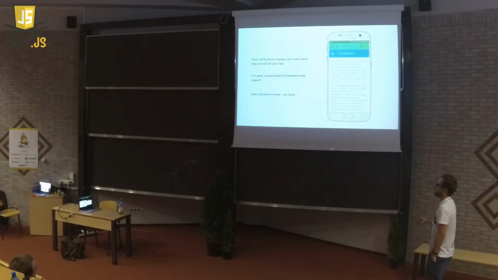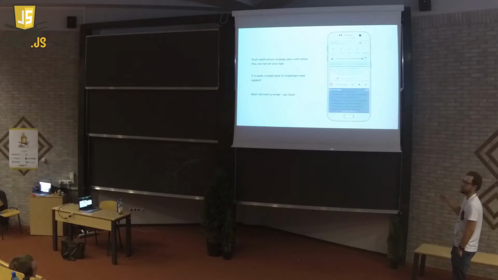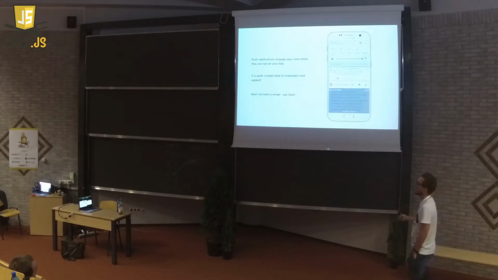So to not reinvent the wheel, it's the best idea to use some ready-to-use software-as-a-service solution, like OneSignal, for example, which is free and unlimited. And the demo is pretty simple. We click the send button, which will make OneSignal send a push notification to this smartphone. And as you can see, this push notification is truly native. It's the same experience as on a native Android application.